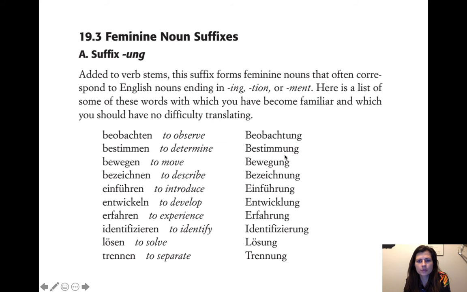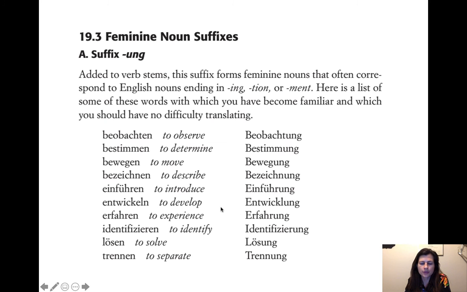Bestimmen, to determine, Bestimmung, determination. Bewegen, to move, and then Bewegung, which is movement. Bezeichnen, to describe. Bezeichnung. Bezeichnung is like a description, but it's also just something you call something, like a name for something. And then einführen, to introduce, Einführung, introduction.